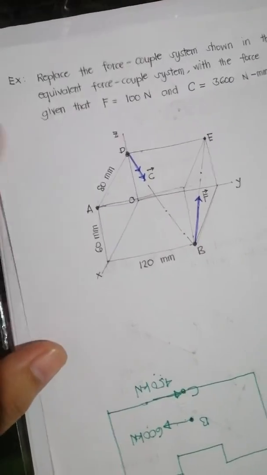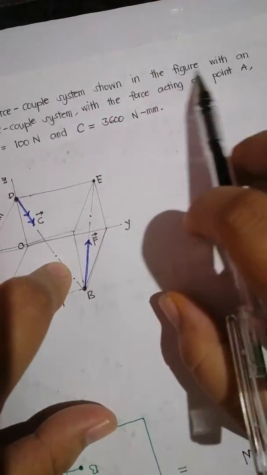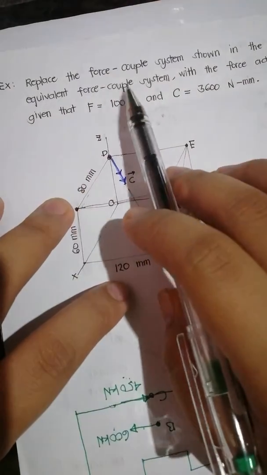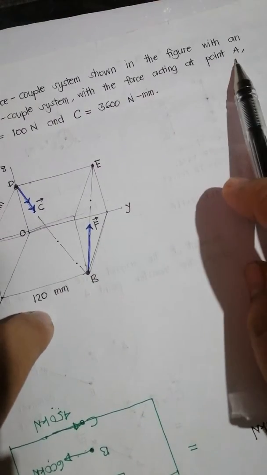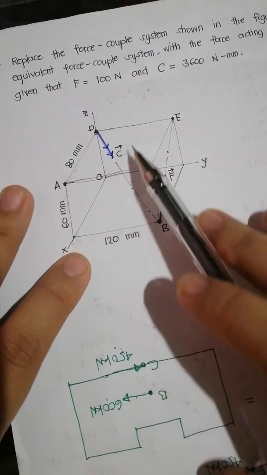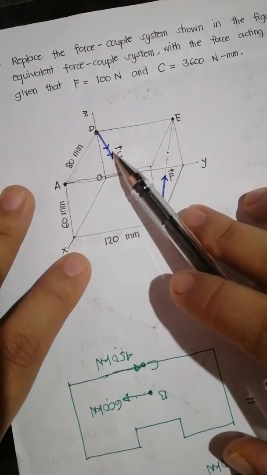We are going to replace the force couple system shown in the figure with an equivalent force couple system with the force acting at point A. As you can see in the figure, we have this force vector and this couple vector.